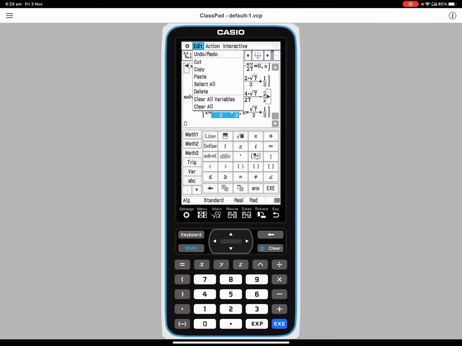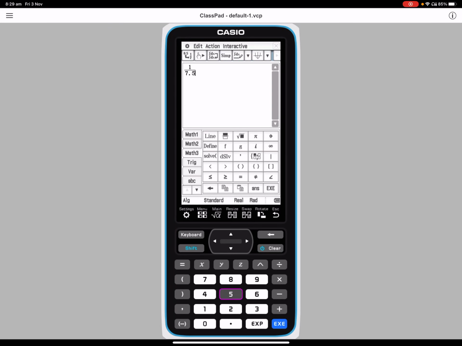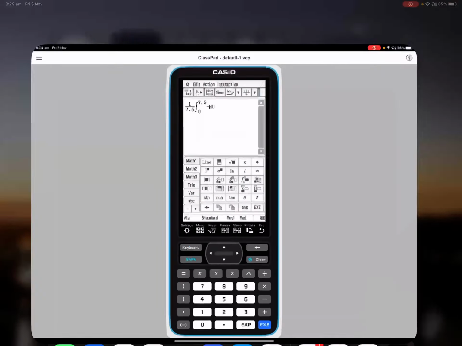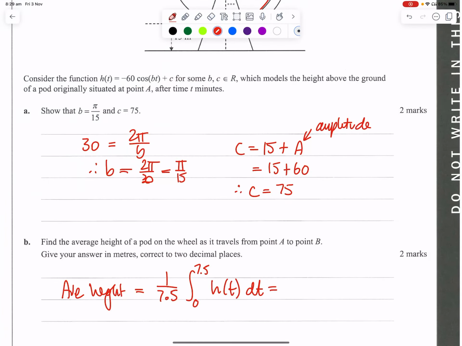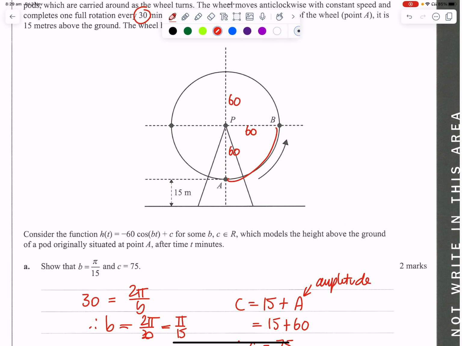So what do we have there? 1 on 7.5, the integral from 0 to 7.5, make sure it's in radians, negative 60 cos pi x on 15 plus 75 dx, 36.80 meters. 36.80 meters, which seems reasonable. 30's about there. Yep. Okay.